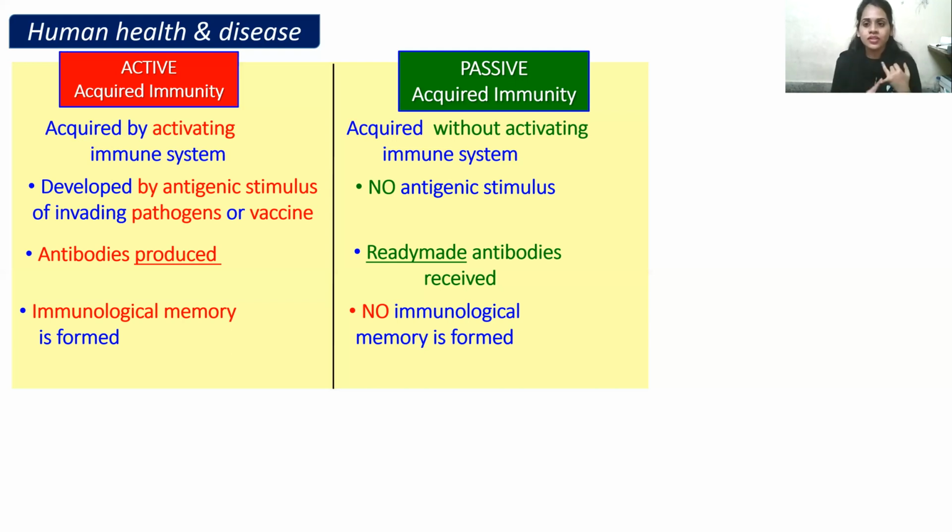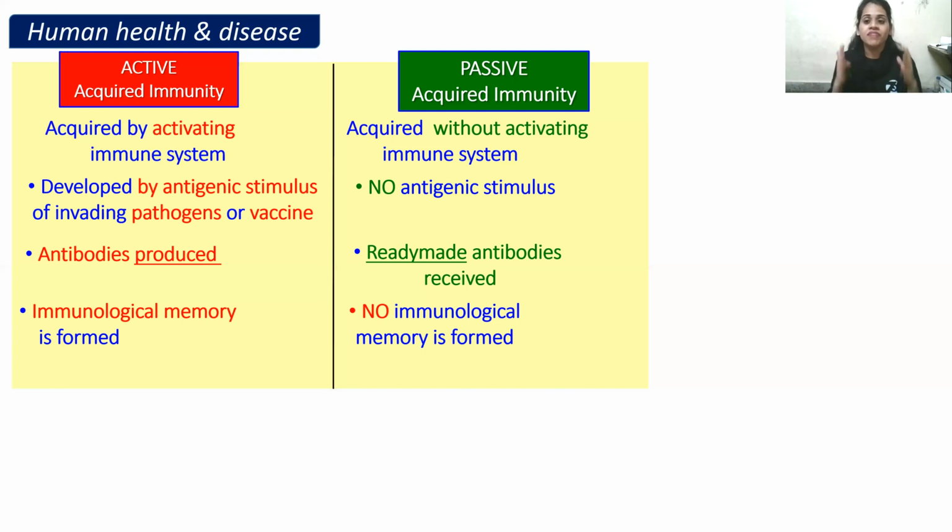So through colostrum, the child gets the ready-made antibodies. And second is through the placenta. During the embryological period, through the placenta, the maternal antibodies pass down to the fetus, and the fetus gets ready-made antibodies. That is an example of passive acquired immunity.